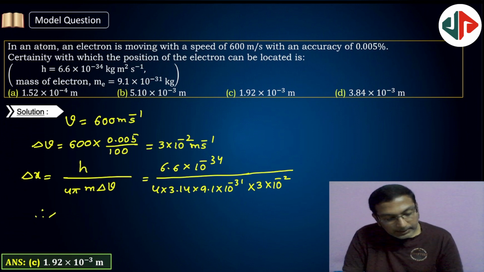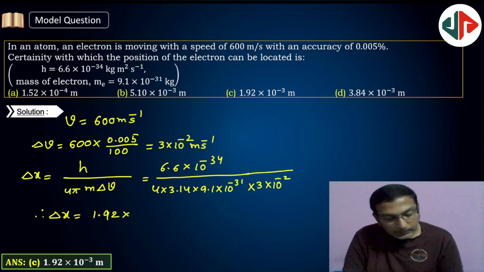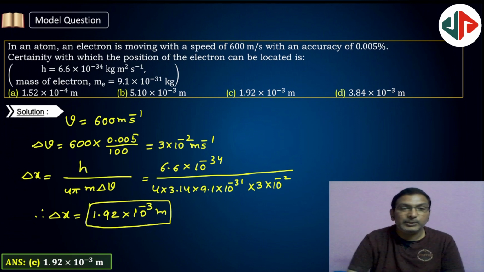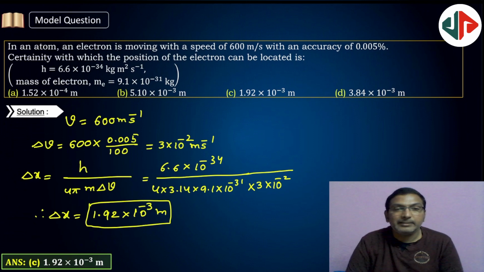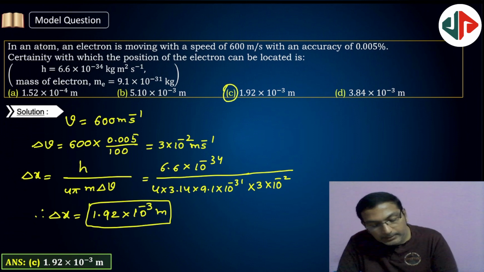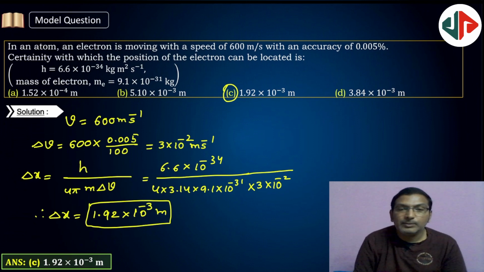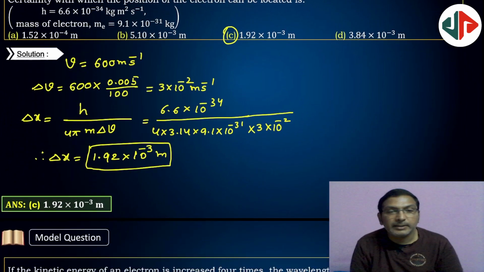So therefore delta x, finally we will get 1.92 into 10 power minus 3 meters. Uncertainty in position 1.92 into 10 power minus 3 meters. So option C. This model is also very important. Next question.